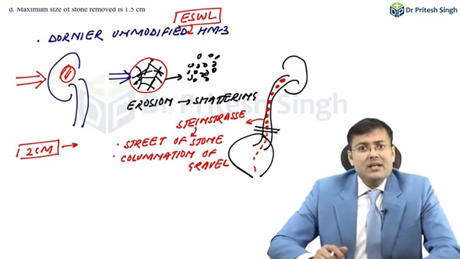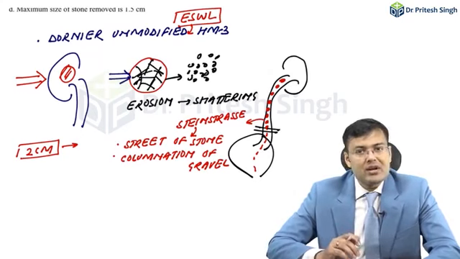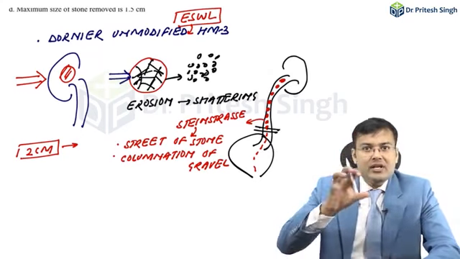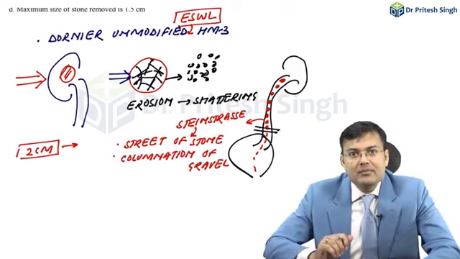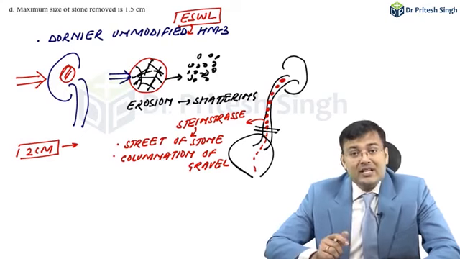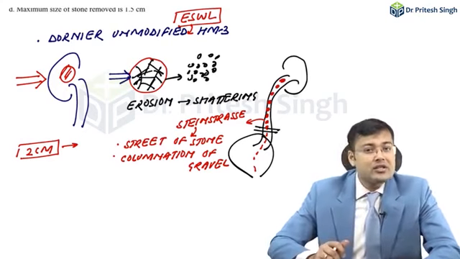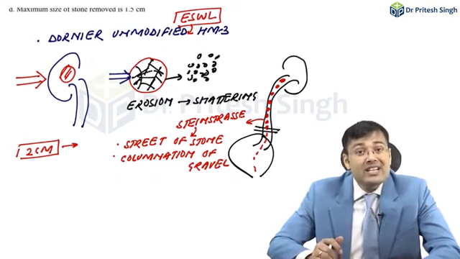After that, questions are asked: what are the contraindications of ESWL? Now see, simple question. What are the conditions in which you cannot give shock waves to the abdomen? Obviously pregnancy. And if the patient has some kind of bleeding disorder, giving shock waves can increase the risk of bleeding which cannot be controlled easily.